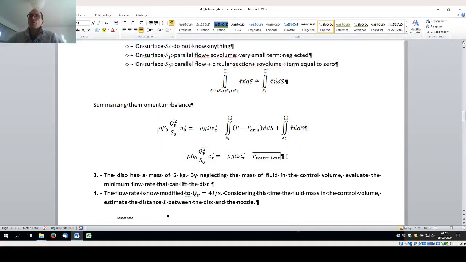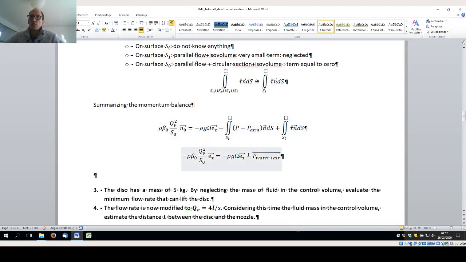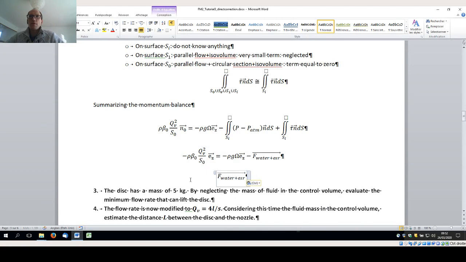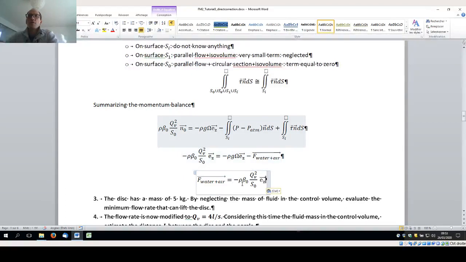So this means that the force of water on air is simply equal to rho beta 0 here minus rho g omega.